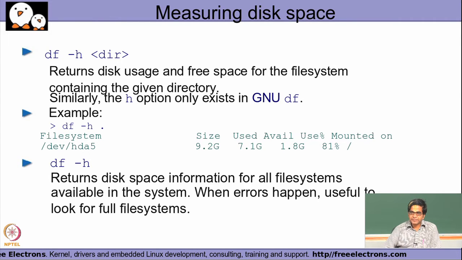So, you will always find that on every system the total size that has been given for the file system will not be the complete usable capacity, but the usable capacity will be a small percentage lesser than the total available capacity.